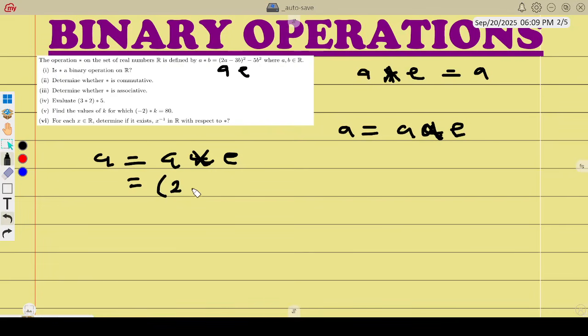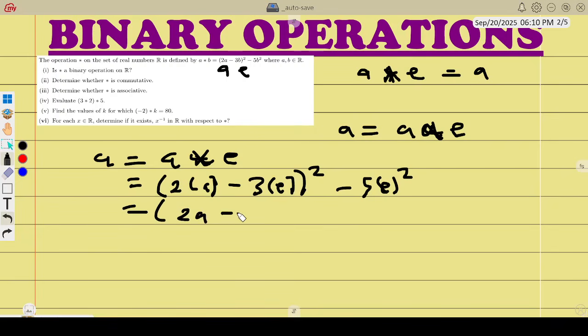So this will be 2A minus 3, where there's B, we put E, squared minus 5B. Oh, instead of writing B, we put 5E squared. So from here, we just say 2 times A, it is 2A minus 3E, this is squared, minus 5E squared.